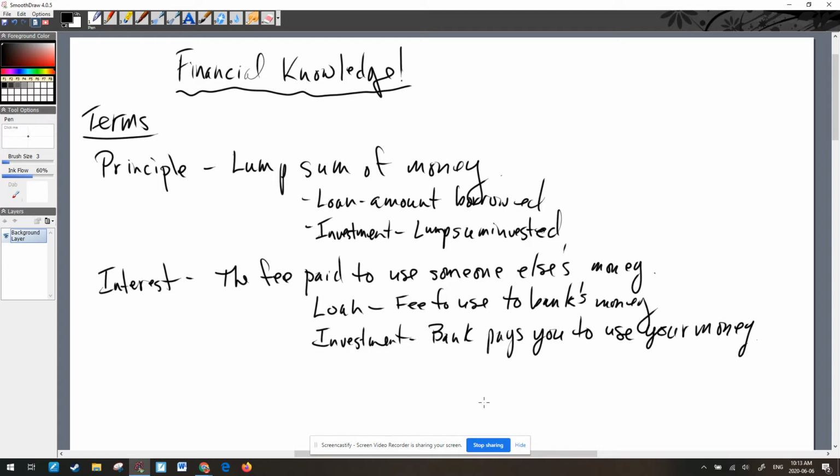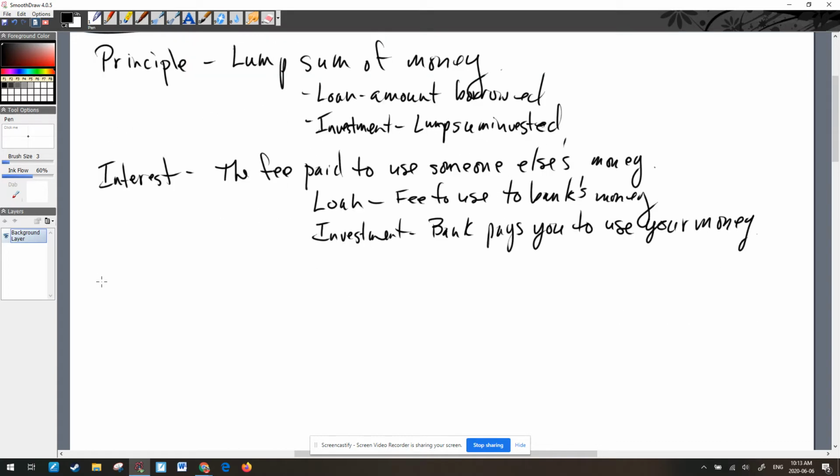Those are key. Okay, so now let's talk about different financial vehicles that you will probably be involved with in your lifetime. Probably the single biggest financial transaction that most of you, not all, because some of you might have businesses and stuff, but the biggest financial transaction most of you will be involved with, and certainly the biggest one that I've ever had, is a mortgage.